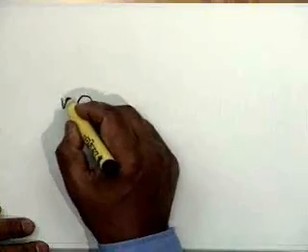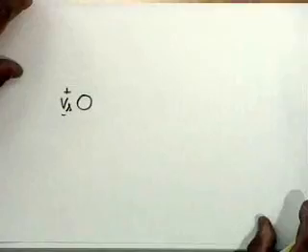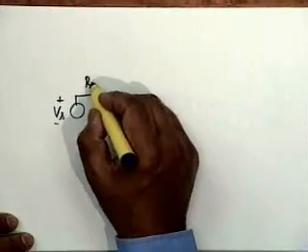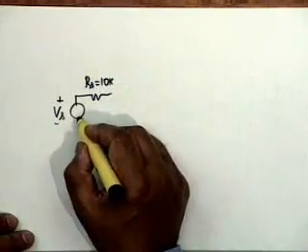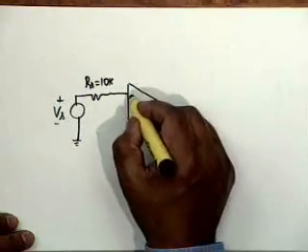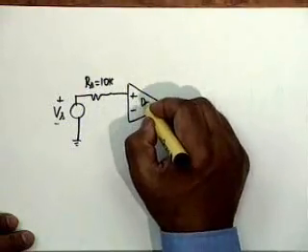The next example is also a very interesting example, a simple circuit, but you look at the complications that it creates. We have a Vs in series with an Rs, which is given as 10K. Then this goes to a differential amplifier. This is a DA, not an op-amp.